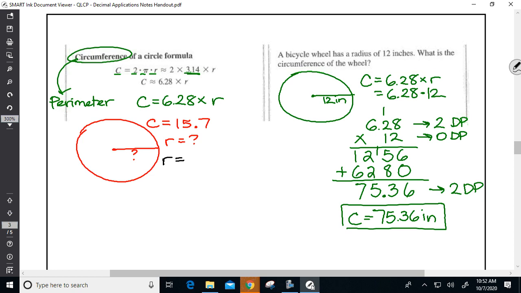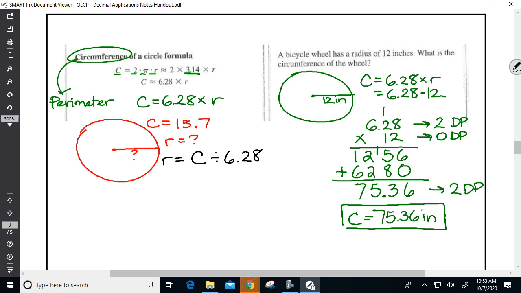So to get the radius, you're going to take the circumference and divide by 6.28. So now you're doing it backwards. How do you know which one you're going to do?